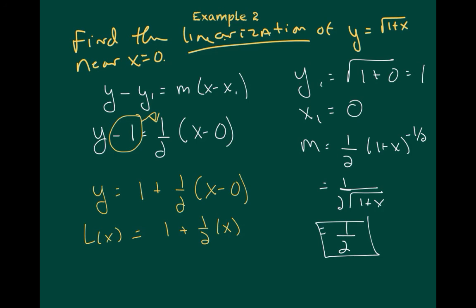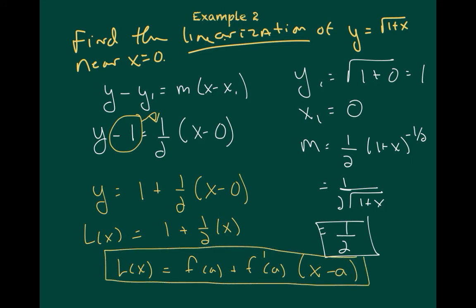Okay, Ramblers, that's how you attack these problems. And once again, the formula for the linearization is L of x equals f of a plus f prime of a times x minus a. So let's make sure that's in your notes, and we'll start using that in class.